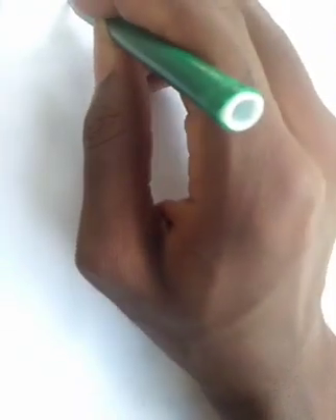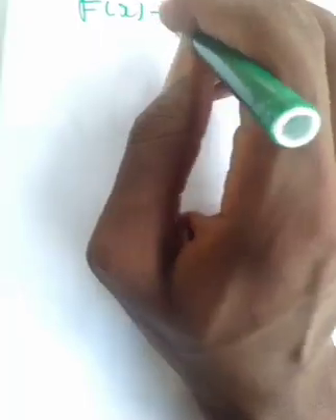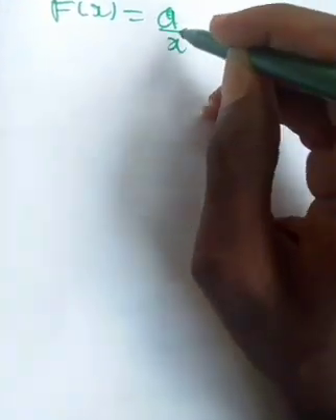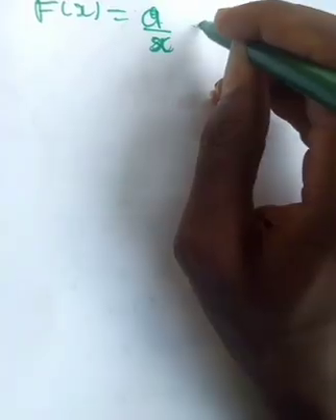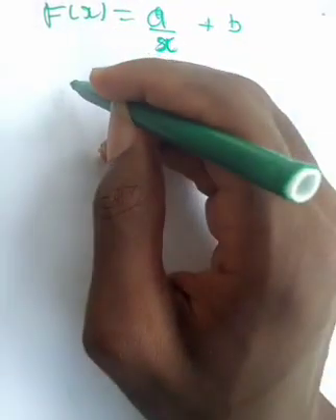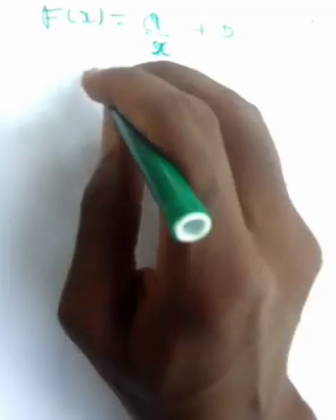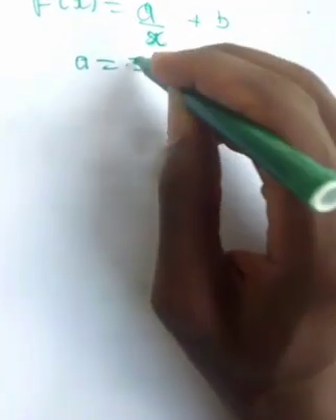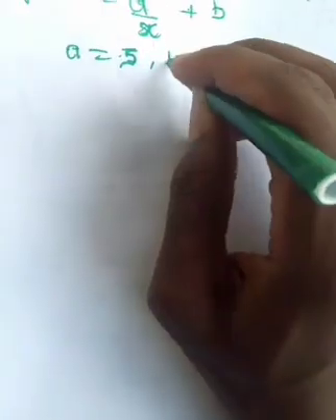Okay, so remember that the function that was given was like this: a over x plus b. And then we have managed to find the value for a which is 5, and b which is 13 over 2.